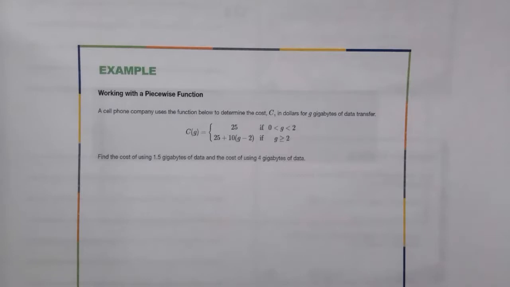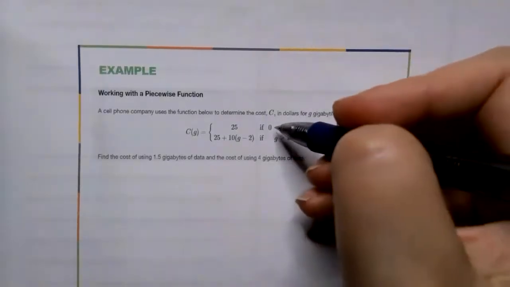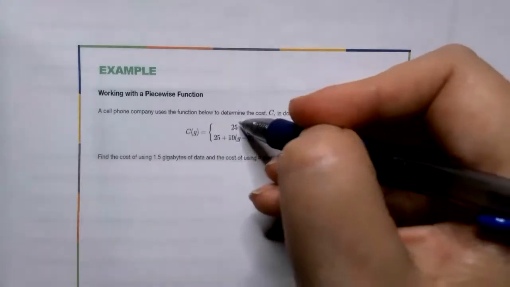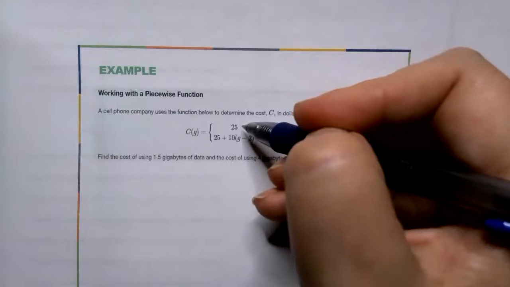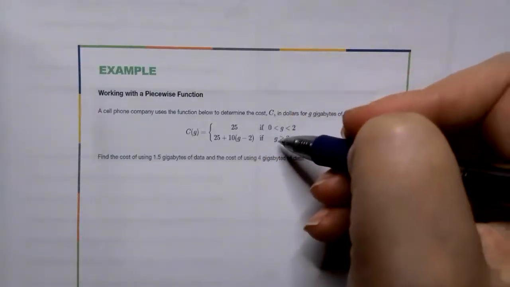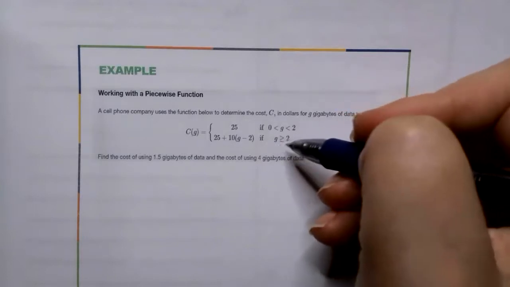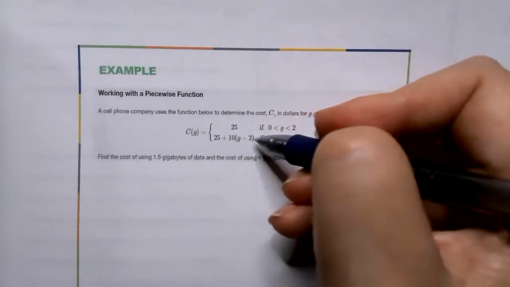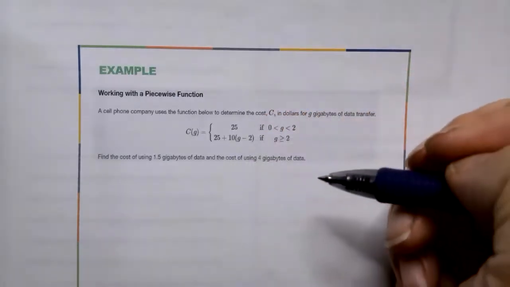So again, we see two different rules. If we transfer 0 to 2 gigabytes, then we're charged a flat fee of $25. But if it's greater than or equal to 2 gigabytes, then the company applies this rule for calculating your costs.